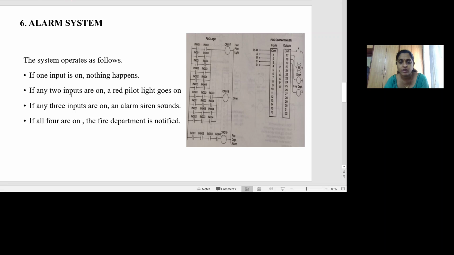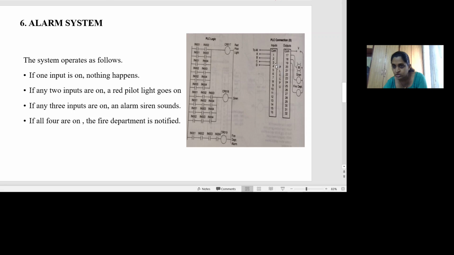If any two emergency inputs are on, then a red pilot light has to go on. If three emergency inputs are on, the alarm has to siren. When all four emergencies are on, then the fire department has to be notified. This is the scenario in which the alarm system works.